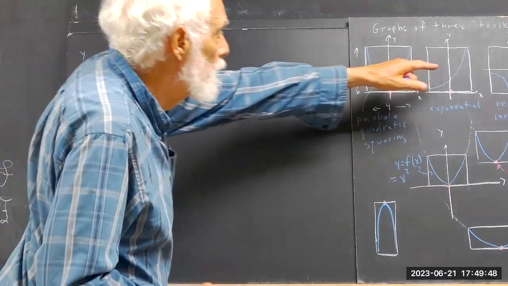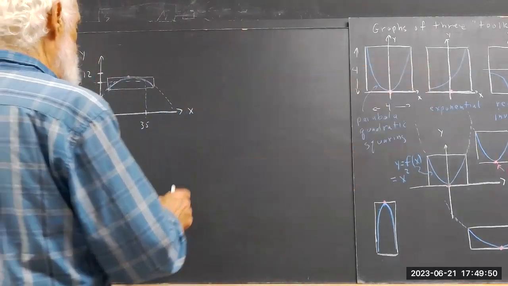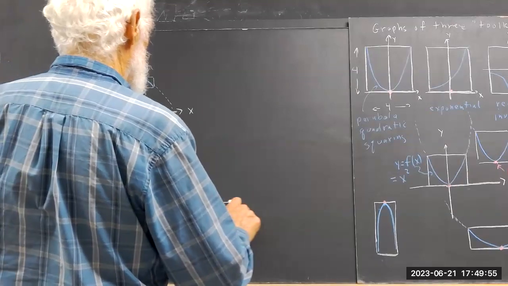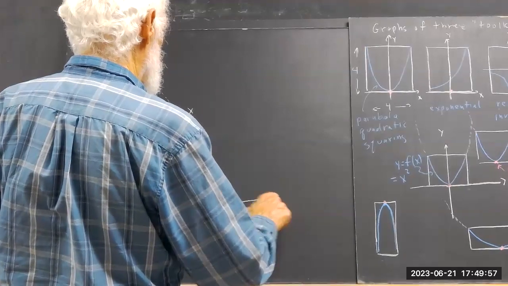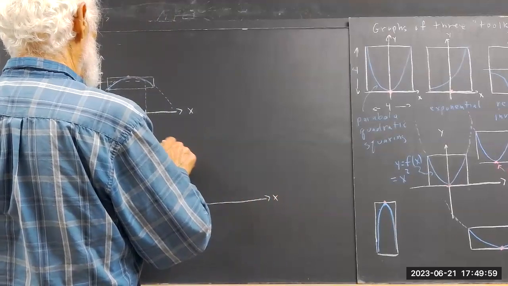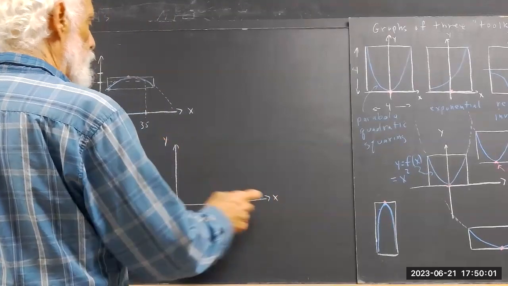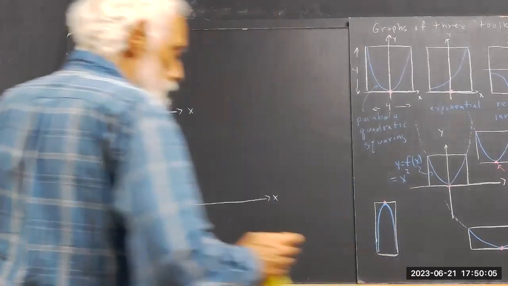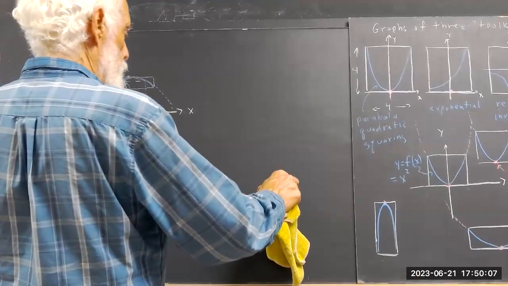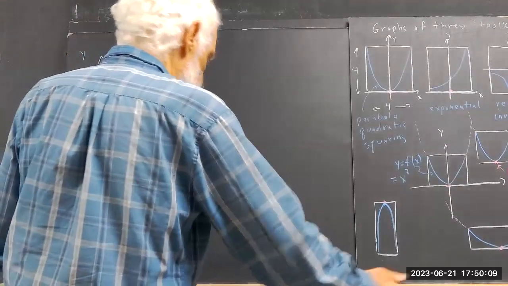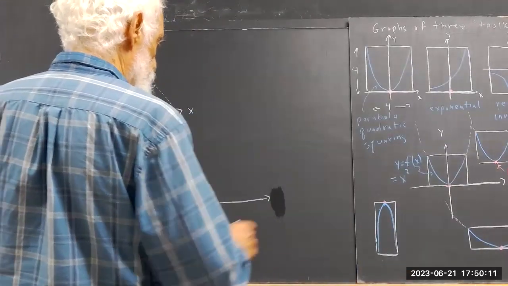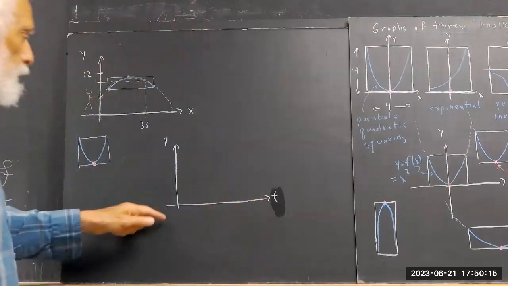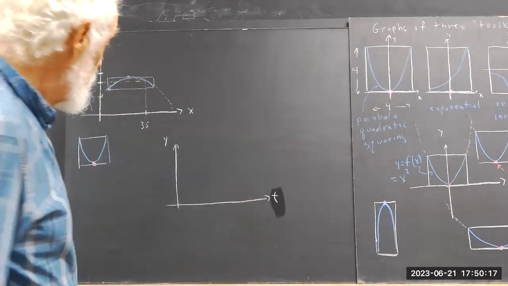Okay, let's take this exponential function. Now I've labeled the axes X and Y. Instead of X, I want to use T, because we're going to interpret this as time.